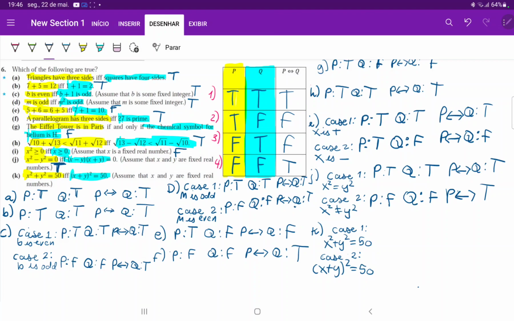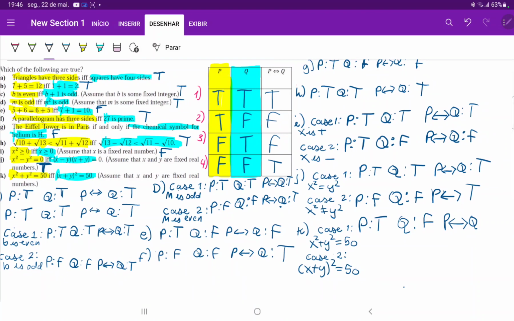So case 1, if x squared plus y squared is equal to 50, then P is true and Q is false. And therefore, for this biconditional statement, we have true, false, so we're at the second row, and this is false.